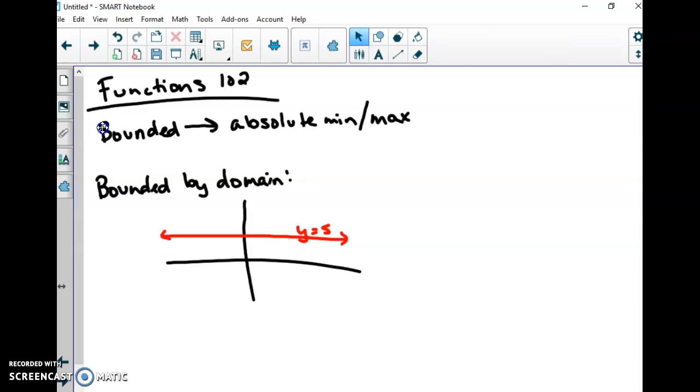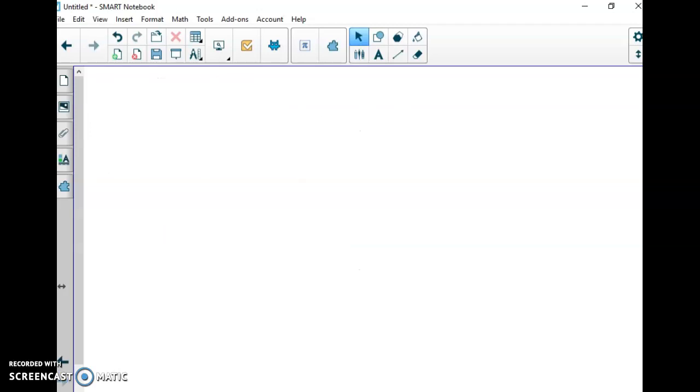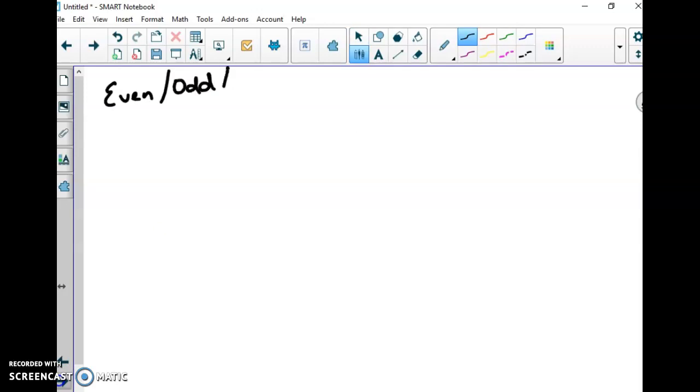Again, mins and maxes are pretty easy to find. Just graph it on Desmos, and then Desmos will calculate those points for you. The other thing to talk about is whether a function is even, odd, or neither. This is all dependent upon substituting negative x in.